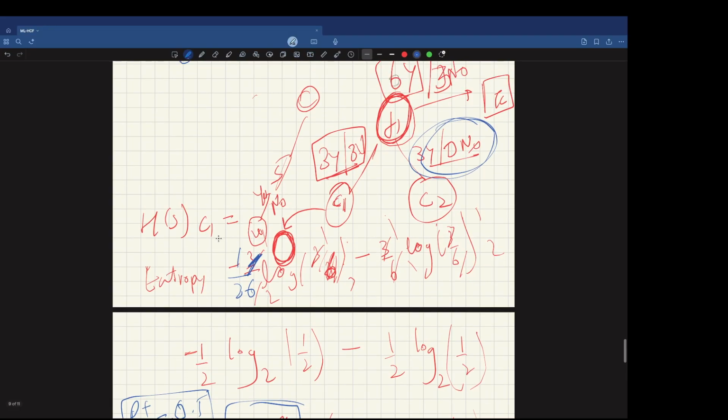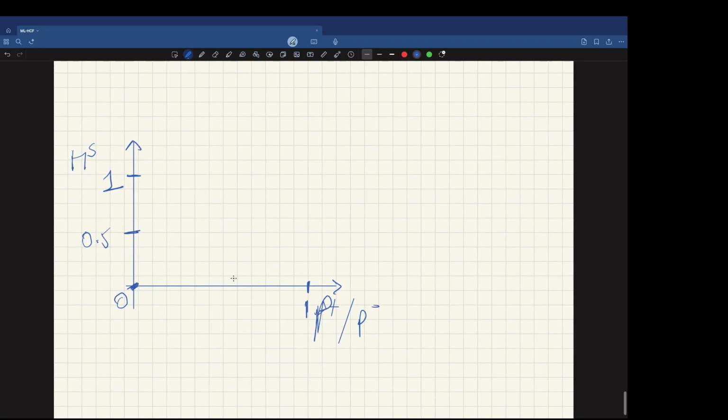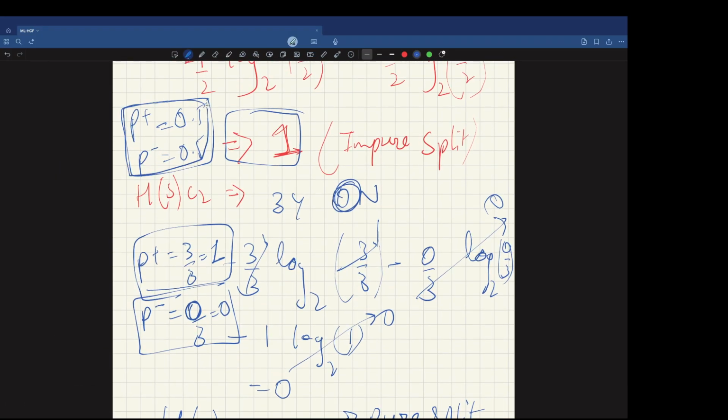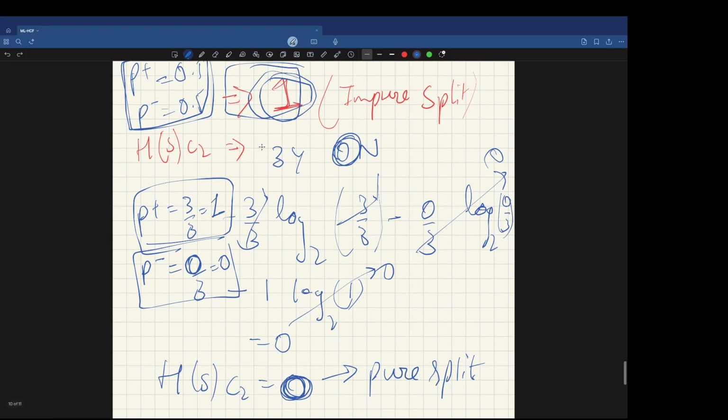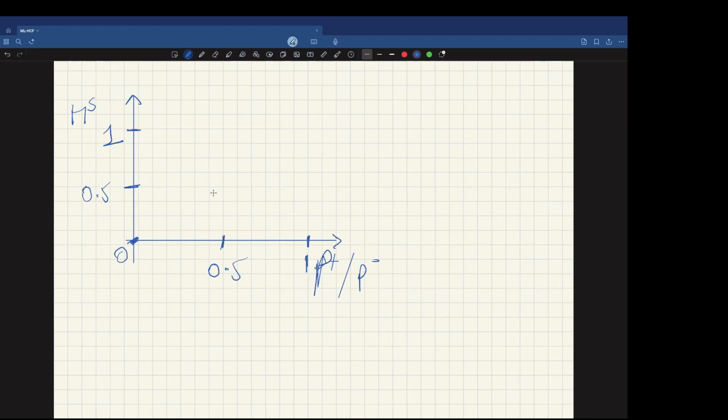That 0.5 case will come in Gini impurity, so leave it. And when P positive and P negative are both 0.5, at that time H of S is 1. So at this point, H of S is 1.